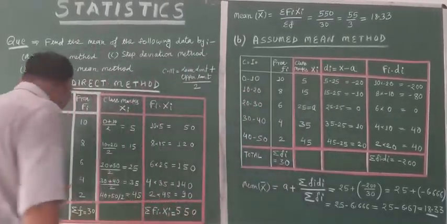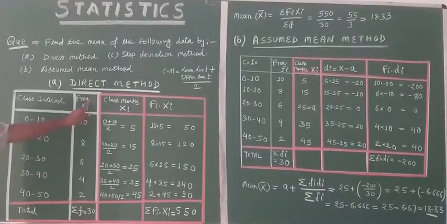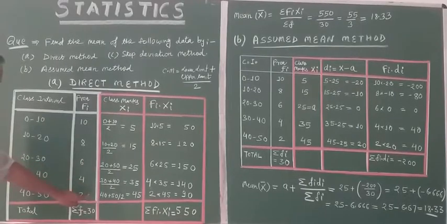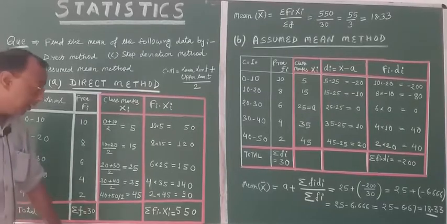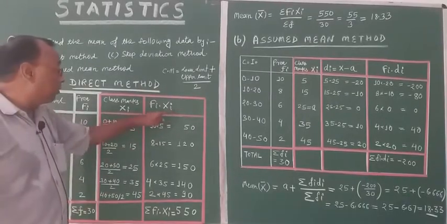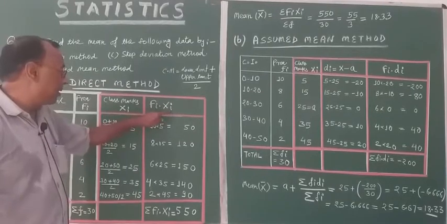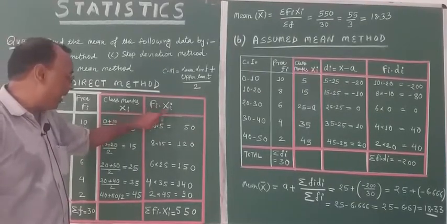We will write here total. उसमें आप इस कॉलम को ऐड करेंगे तो, just look here, 10 plus 8 is 18, 24, 28 and 2 is 30, and this will be written with sigma f. This symbol is called sigma f, means सब का total. Sigma fi you can also write. इन सब का total क्या होगा, ये 30. This is written as sigma f. Similarly, अगर मैं इन सब का total करूंगा तो क्या लिखूंगा? इसको sigma fx, sigma fixi.